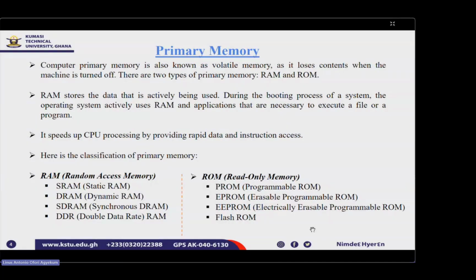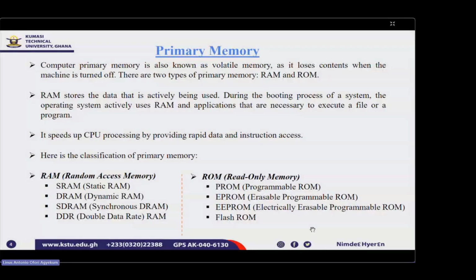Then we have the DDR, that is the double data rate RAM. So if you have noticed, when you go to buy computers, the RAM installed on the computer, they would say 2 gig DDR or SDRAM or DRAM. These are all classifications of the random access memory.